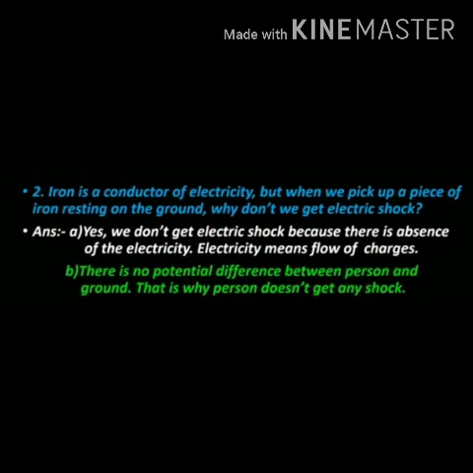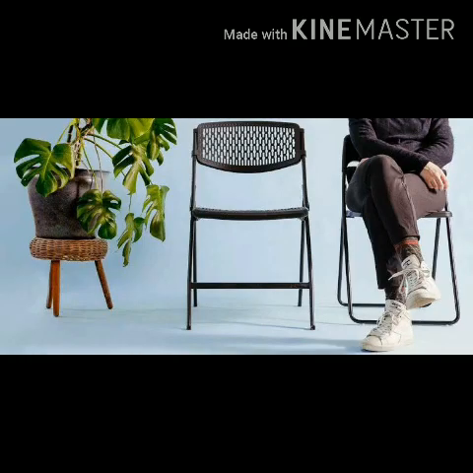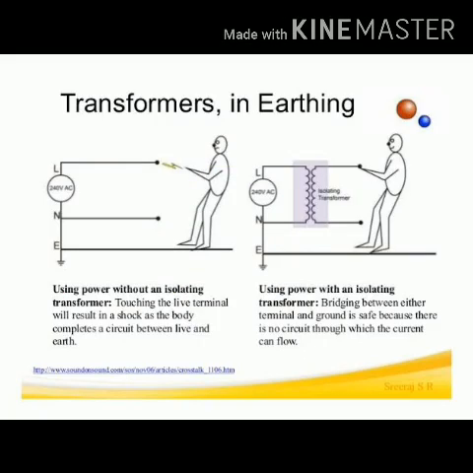That is why the person does not get any shock. Therefore students, when we sit on a metal table or chair, we do not get a shock through it because there is no flow of current. So wherever the electricity flows, there will be potential difference and we will get a shock. If there is no potential difference, electricity will not flow and we will not get a shock.